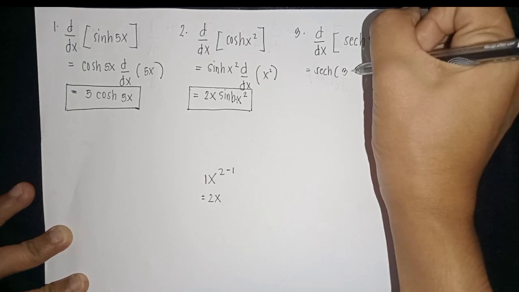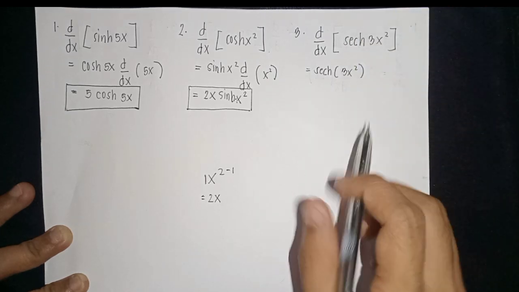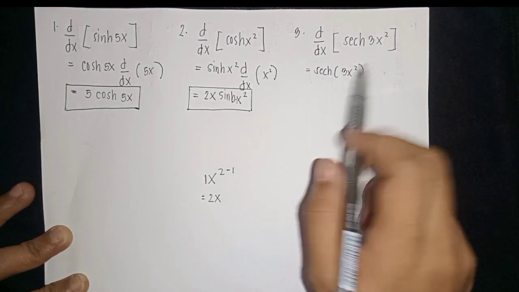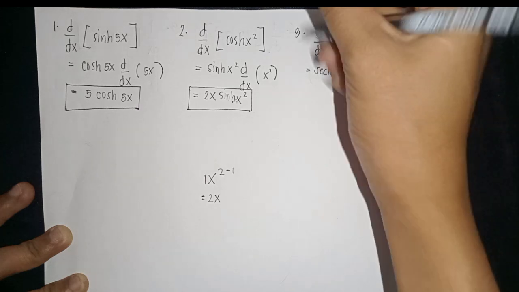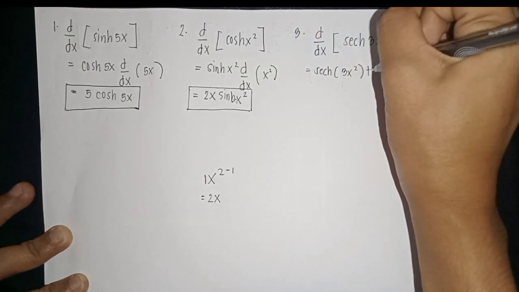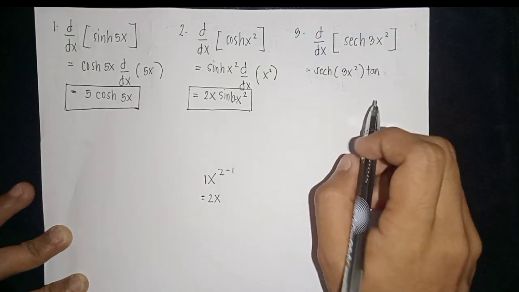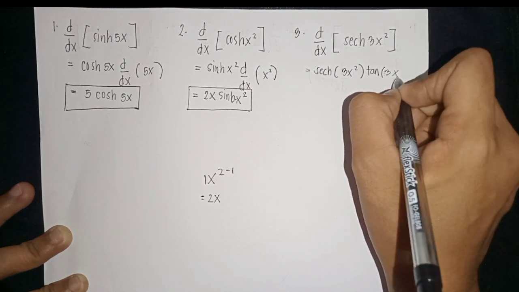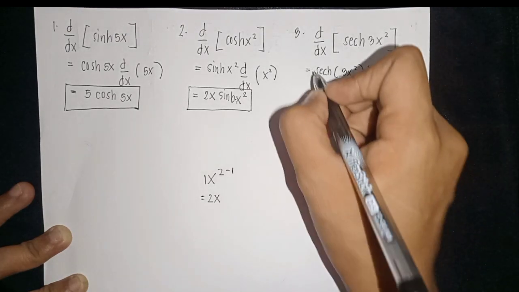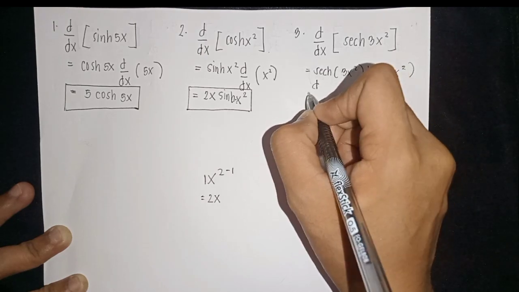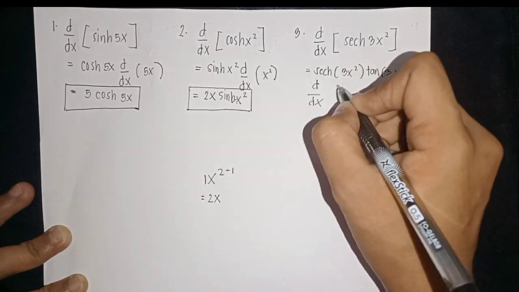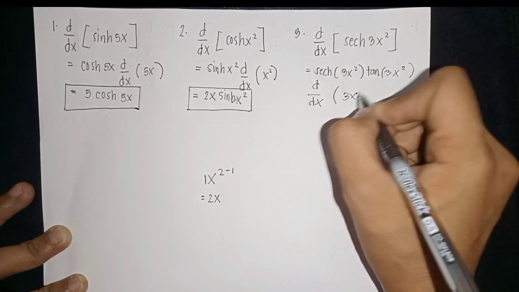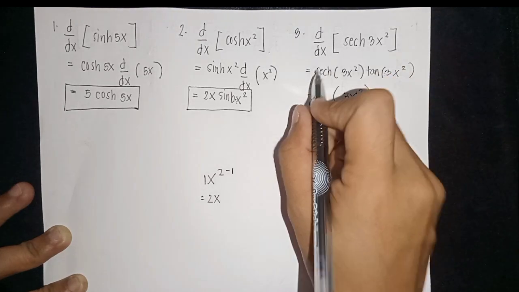So, we need to use the formula of the hyperbolic secant u. And then, let's input the equation together with the formula. So, the hyperbolic secant 3x squared times the tanh, or the hyperbolic tangent 3x squared, times the derivative of 3x squared with respect to x.